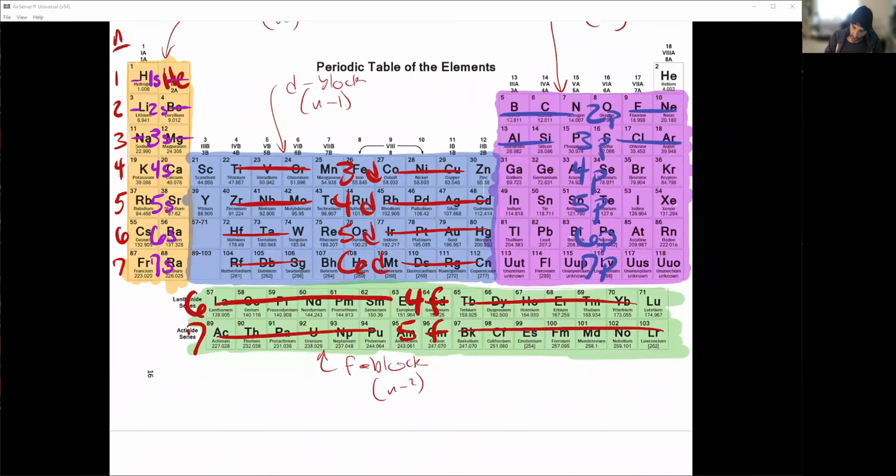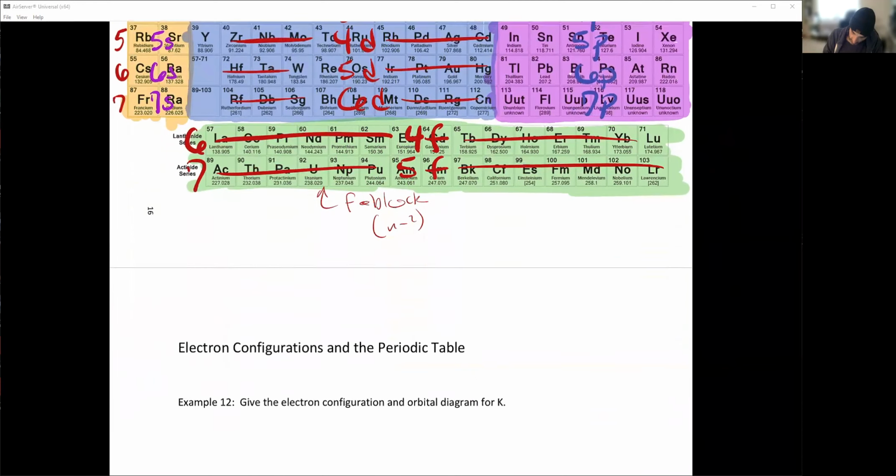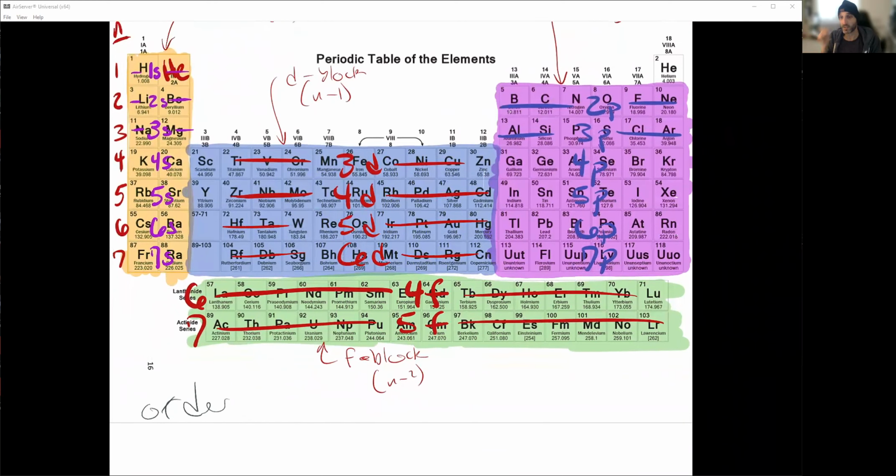All right. So in terms of how things fill, we can actually make a list of the order of filling if we wanted to. The order of filling is always going to remain the same. Okay, so the first thing to fill is hydrogen. So the 1s is the first thing that fills. What fills after the 1s?